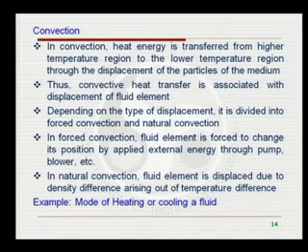Thus, convective heat transfer is associated with the displacement of the fluid element, and depending upon the type of displacement, it is divided into forced convection and free convection.